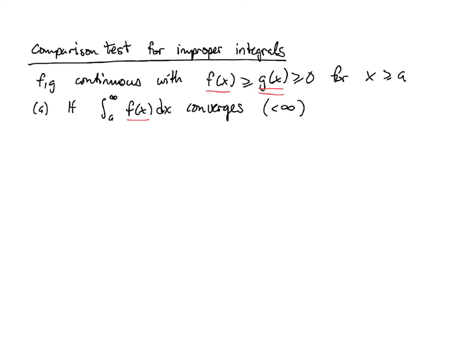And that's the conclusion here in the comparison test. Part B is if the smaller function has a divergent integral, then so does the larger one.